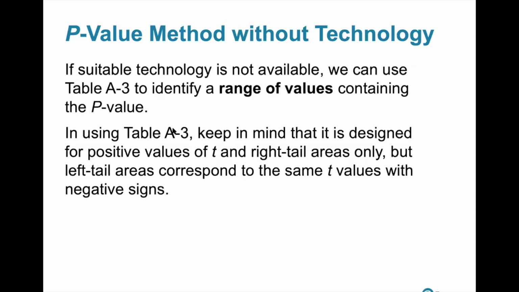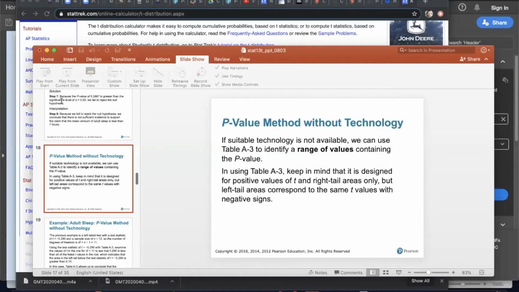So let me switch over to table A3, but then I want to draw you a picture of what this means. If we go down to 11 degrees of freedom, what I'm looking for is the t-value that is closest to 0.290.